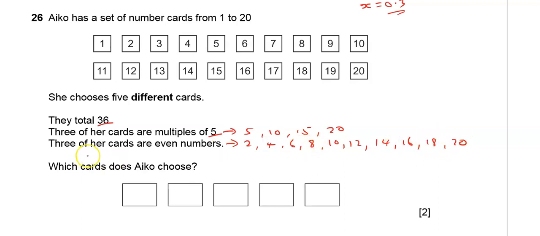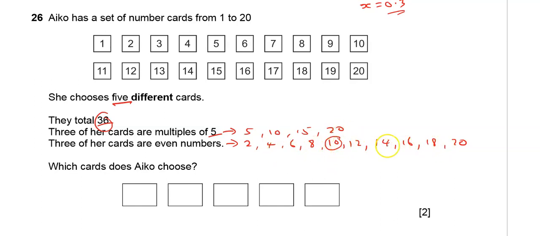And we are told Aiko's 5 cards total 36. So 3 of our cards are even, and 3 of our cards are multiples of 5. So multiples of 5, that is one, which is also an even card.